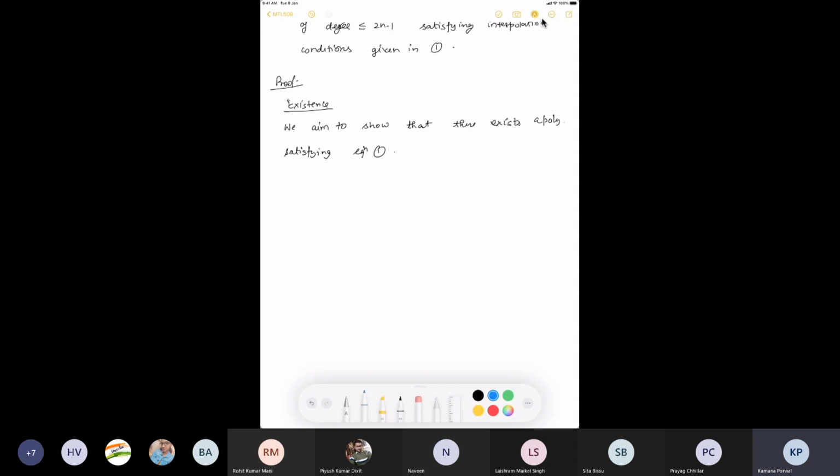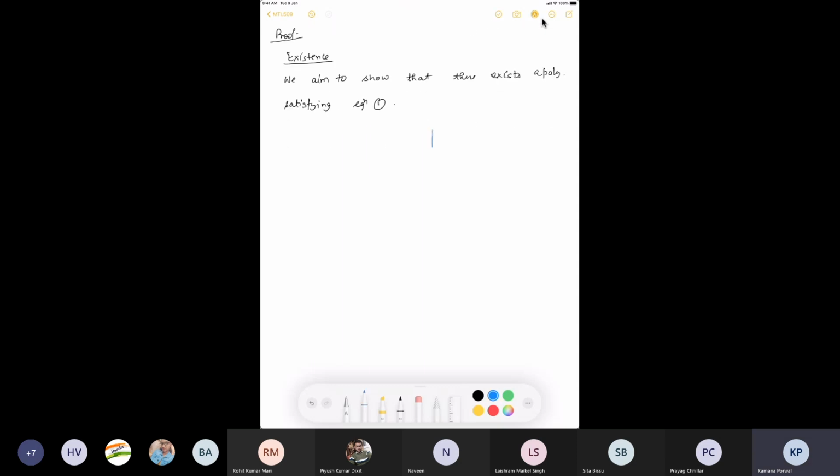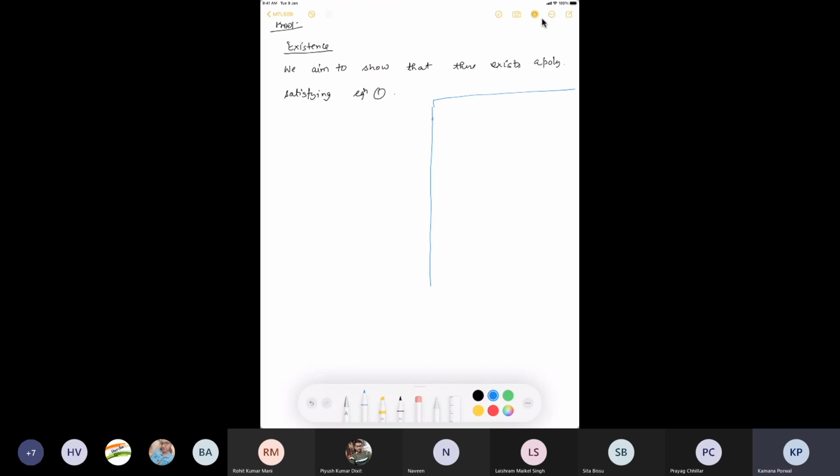I'll just do a little rough work just to motivate it, and then I'll write down what output we get here. Let's try to recall the Lagrange form. How did we write P_n(x)? What is the form of the Lagrange interpolating polynomial? It is yi times Li(x), where i ranges from 1 to n when we have the nodes from 1 to n, and Li(x) were basically basis polynomials.